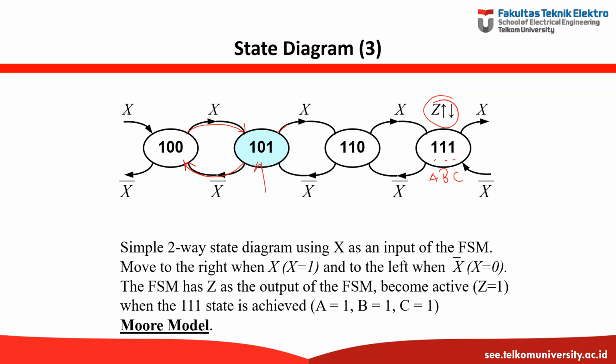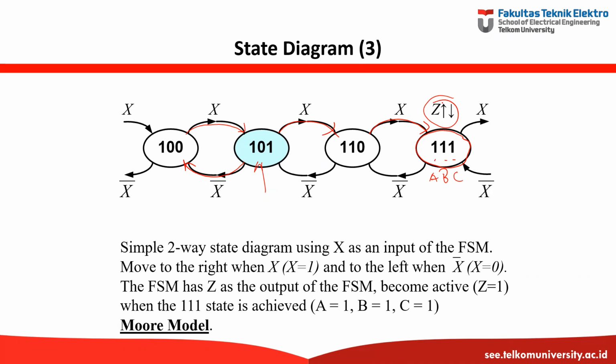X is 1, okay. I'm going to here now. Clock, what is the value of X now? X is 1, so I'm going to change to here. So we reach the state where the output Z is active. So the Z or the output will be active when A, B, C, all of them are 1. This is what we call the Moore model.